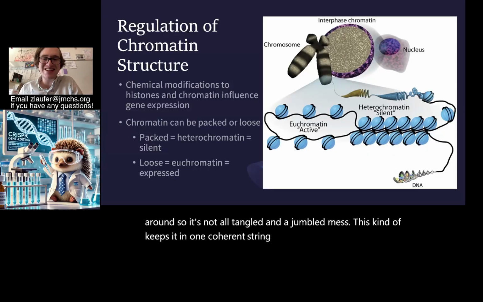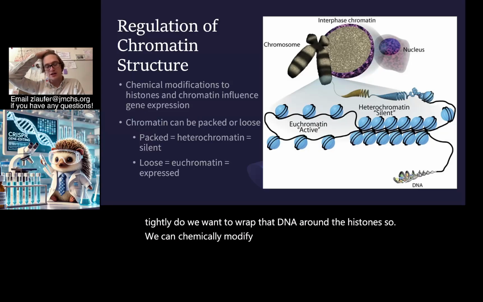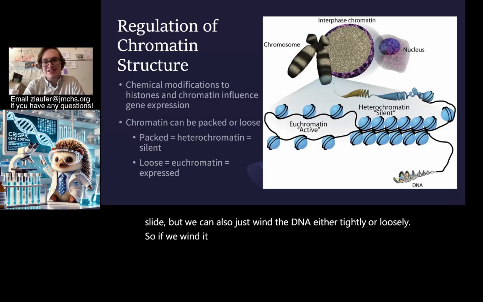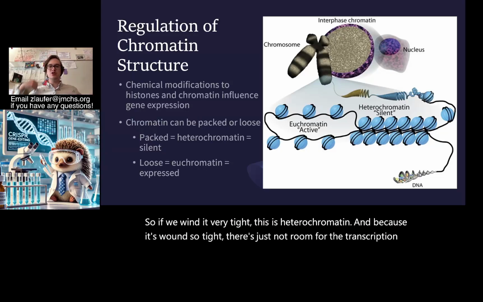But we can dictate how tightly we want to wrap that DNA around the histones. We can chemically modify them, which we'll talk about in the next slide, but we can also just wind the DNA either tightly or loosely. So if we wind it very tight, this is heterochromatin, and because it's wound so tight, there's just not room for the transcription machinery to get in there and do anything.